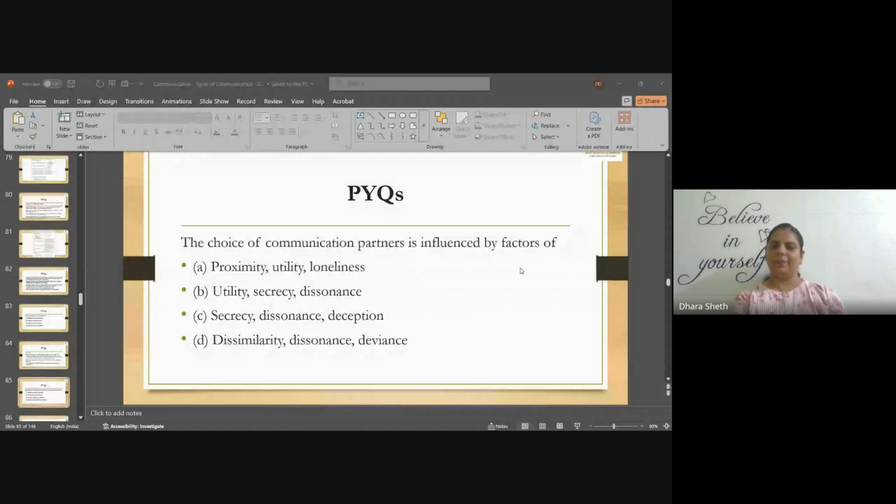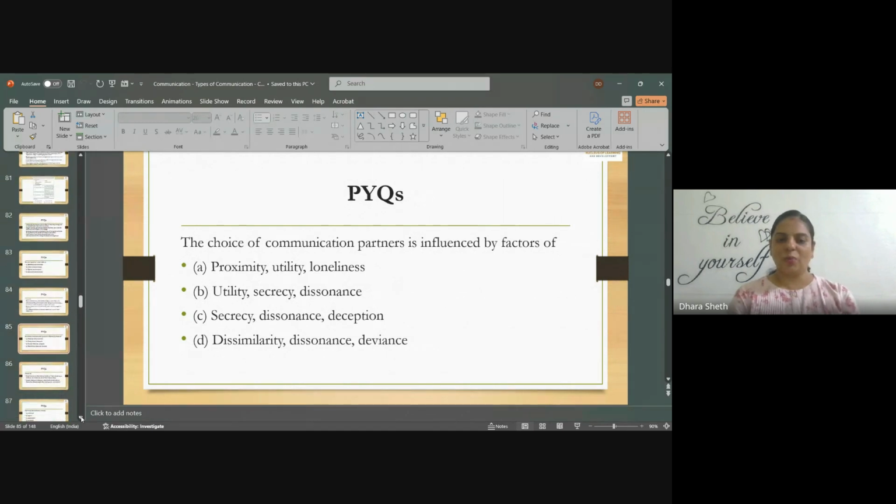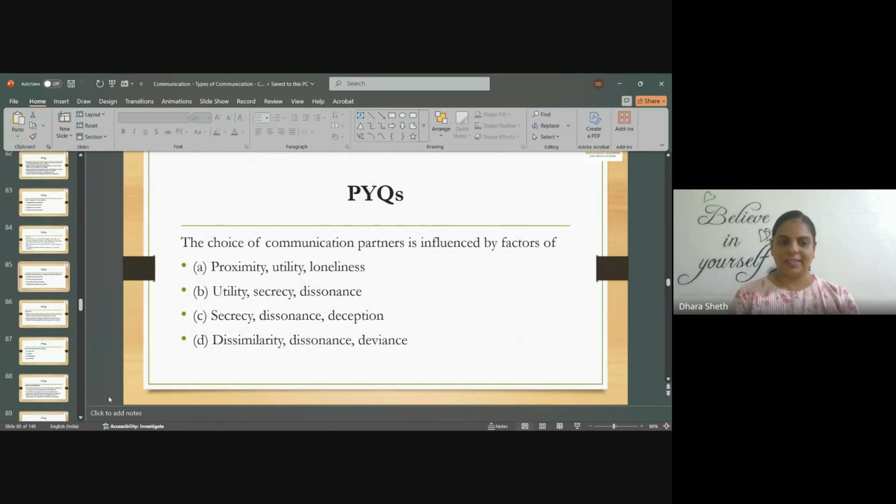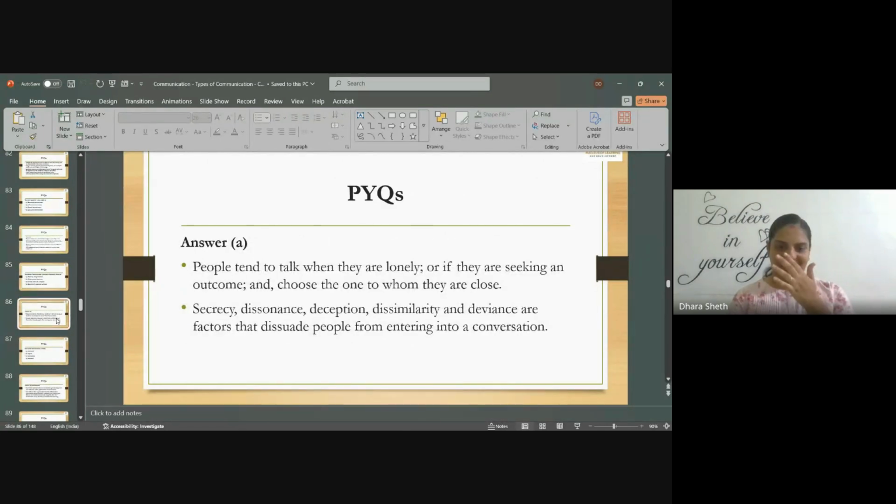A, yes, that's the answer. Secrecy is the opposite of communication. Dissimilarity, dissonance, deviance, deception, all of these are actually opposites of communication. These are the factors that make communication difficult.